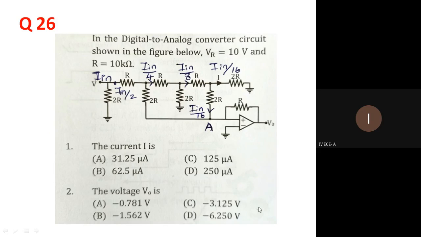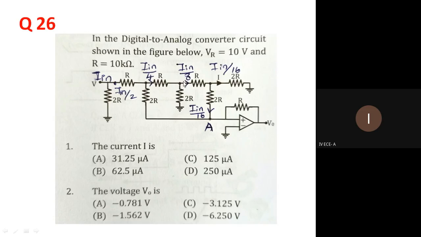Here we have to design. For 1, it is connected to the reference signal; for 0, it is not connected. This is the input current flowing path. In this path, the value is I in by 2, because we have to apply the current divider. So half of the current goes this path, and the remaining half goes this path. So I in by 2. In this place, I in by 4.